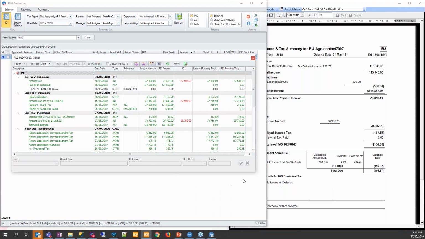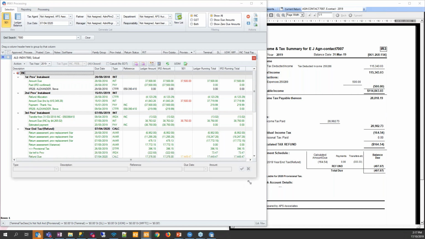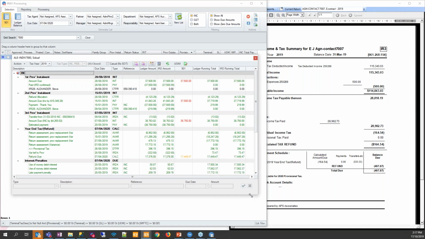All right, so again, this is probably a good example of where to get around the issue that people have identified. Let's just quickly go, we'll have a look at that in a minute. So in the 901s, one of the issues that's been raised is where there is a balance effectively across all of the three provisionals.